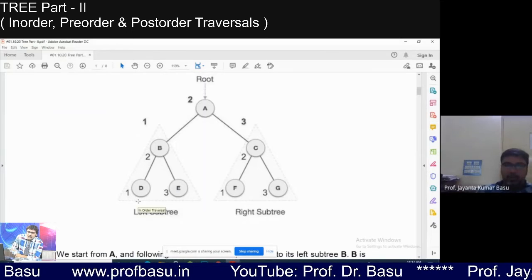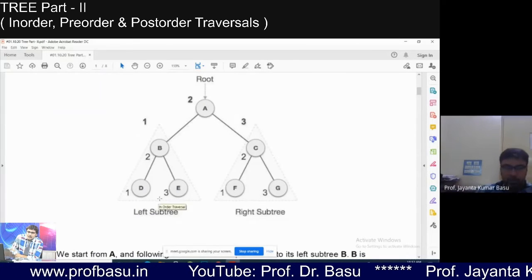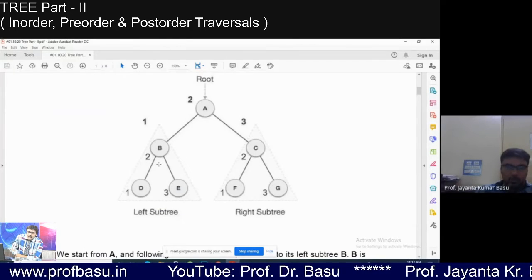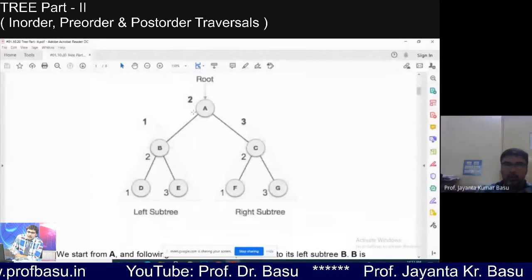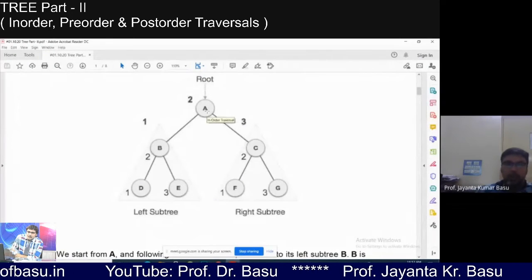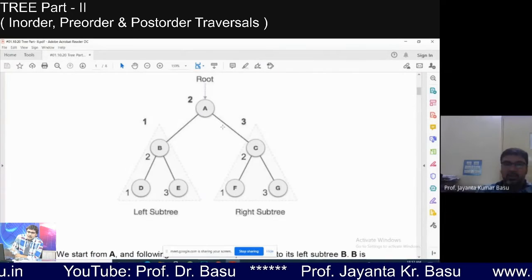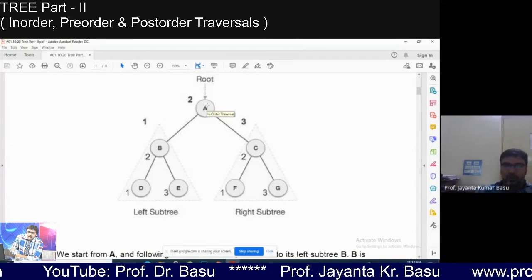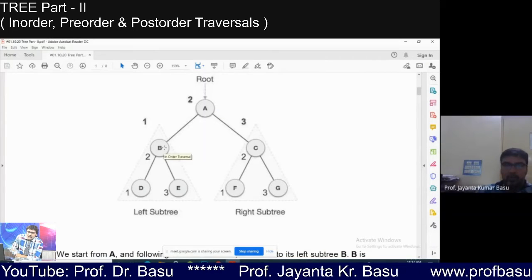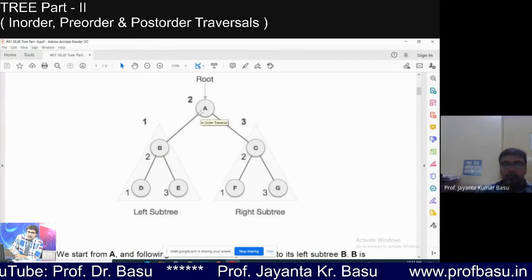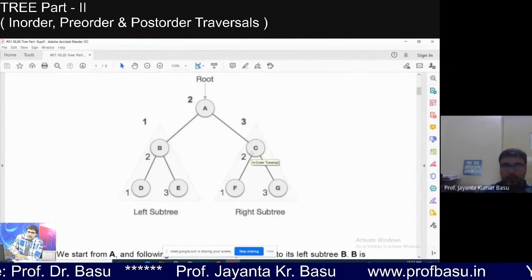Why is it subtree? Because it is also a sub part of a tree. For this subtree, this is the root. But for this entire tree as a whole, only one root is there. This is the root. And you know, in a binary tree, at most two nodes can be connected with a single node, which we consider as a root node, or the nodes which came out from this parent node are called the child nodes, right?